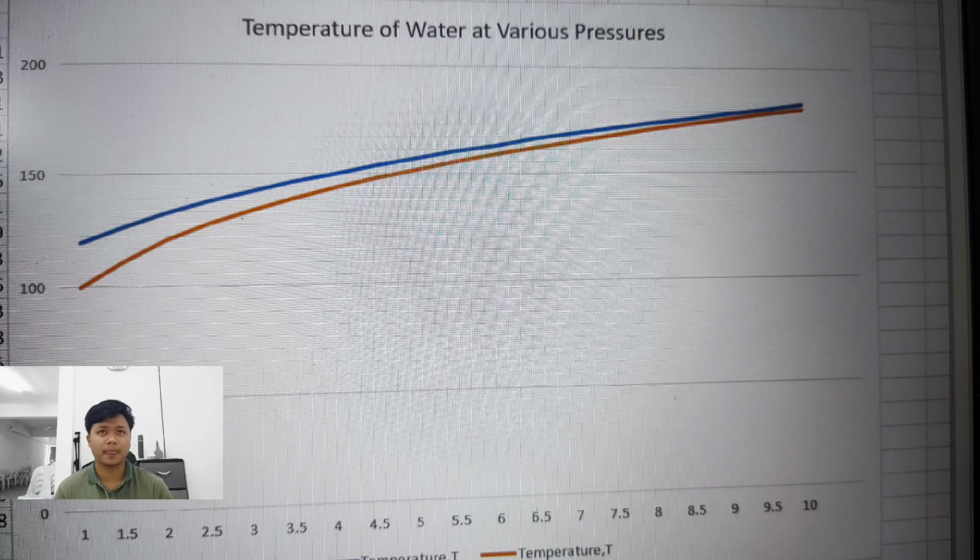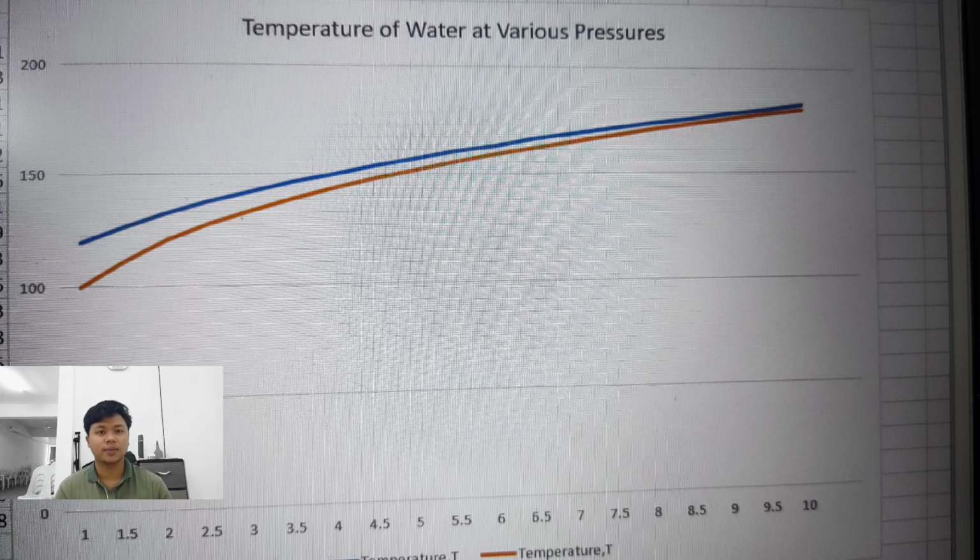And the next error is also maybe because of leakage of the boiler and the lack of calibration, which are also reasons for the different values of temperature from the experiment and from the property table.